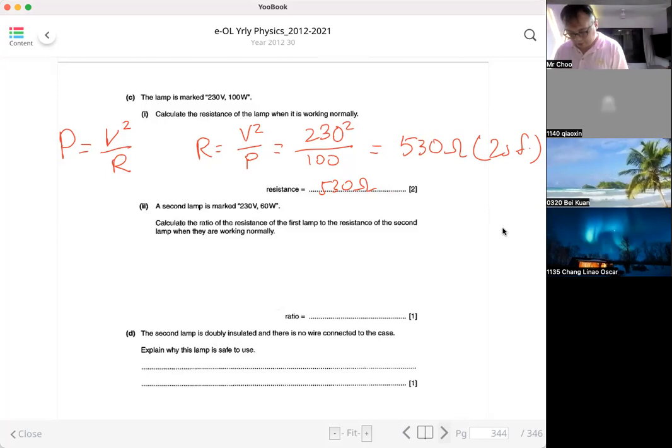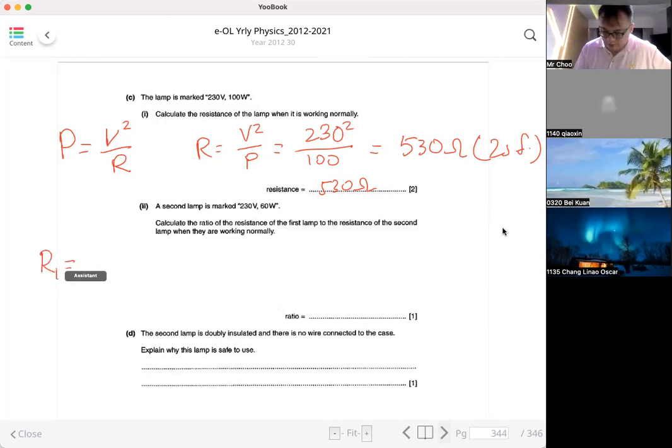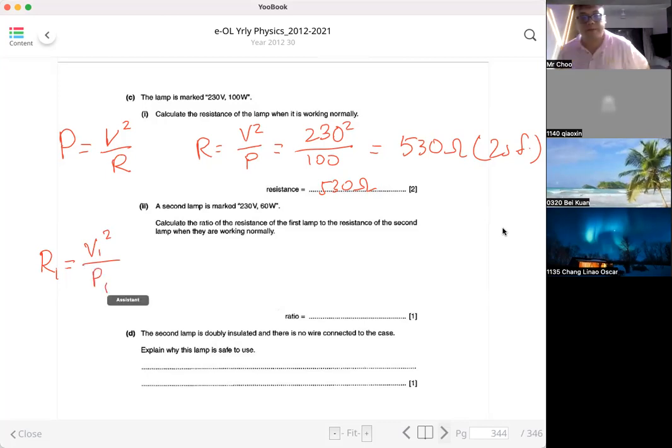Okay, Qiao Xing. Okay, how to do this question? Okay, you know that R1 is equal to V1 over P1, correct?